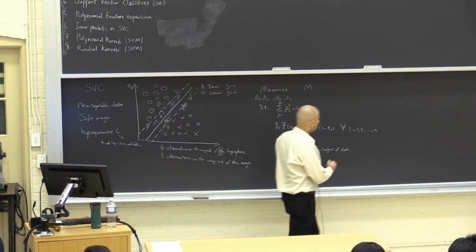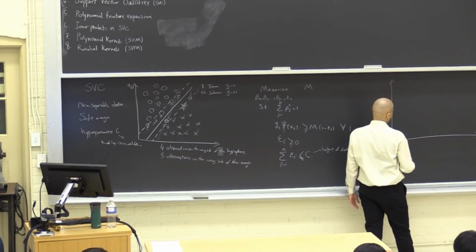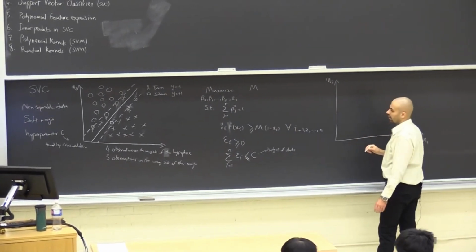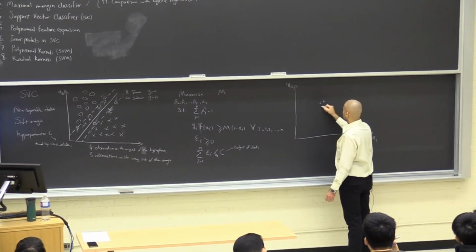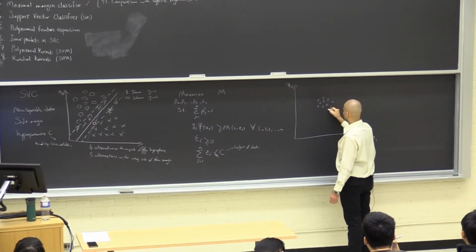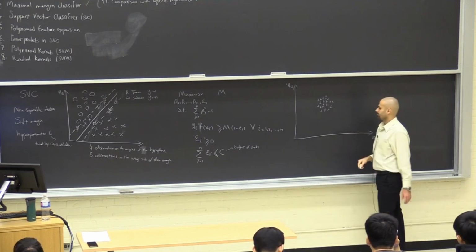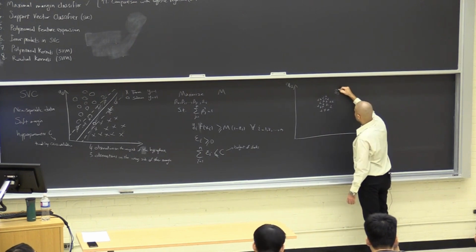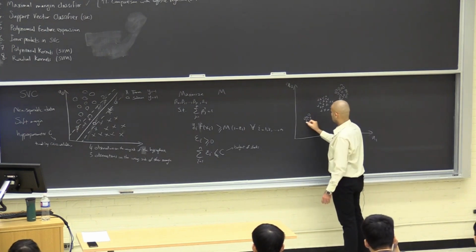The thing is, even with the soft margin, we made some improvements, but we cannot properly classify a data set like this. If we have a data set that is somewhat separated, so there's some distance between these groups, but the boundary that separates them is nonlinear.